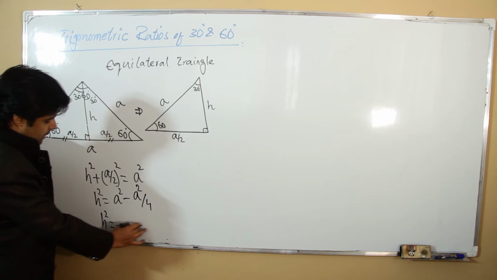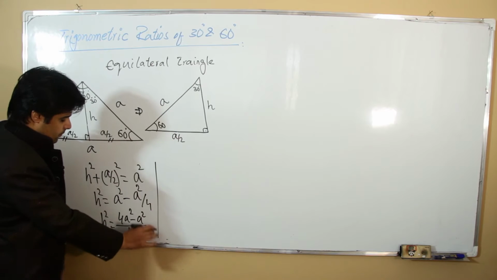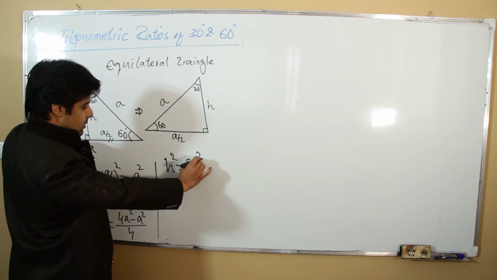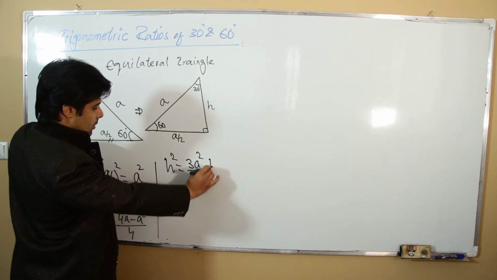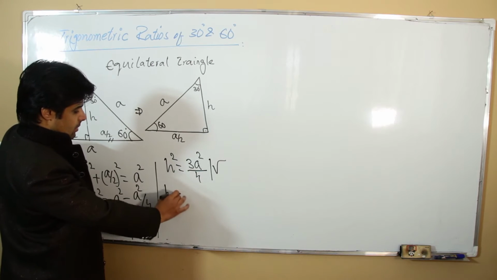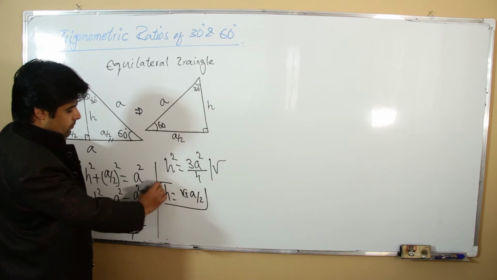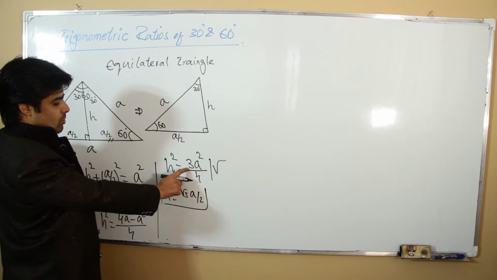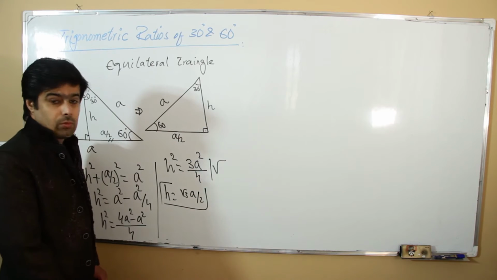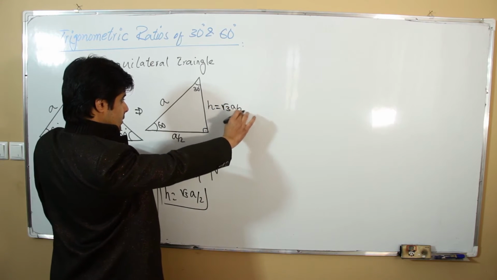Now h square, this one is 4. 4a square minus a square is 3a square divided by 4. Now take the root of both sides, so it would be h equals root 3a divided by 2. Root of a square is a, root of 4 is 2. So this side is defined: root 3a divided by 2.